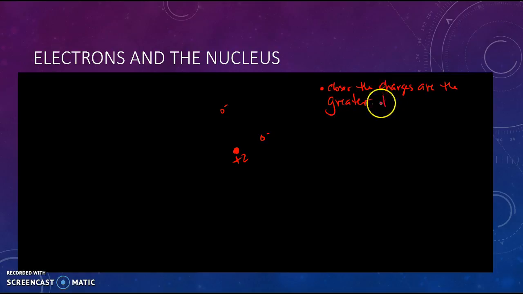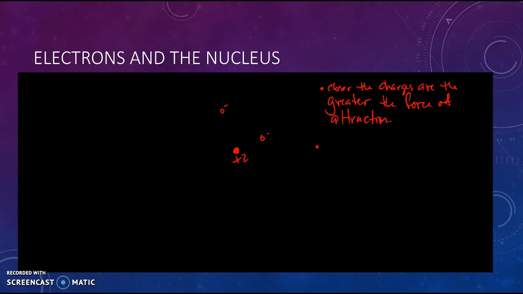So distance is important here. And electrons that are different distances from the nucleus will have different forces of attraction.